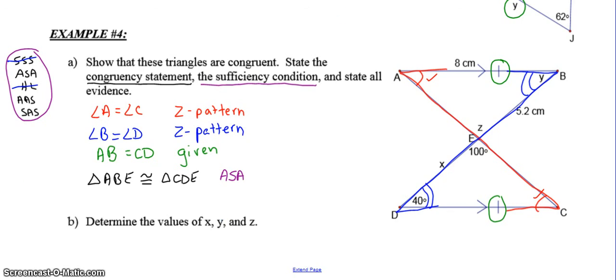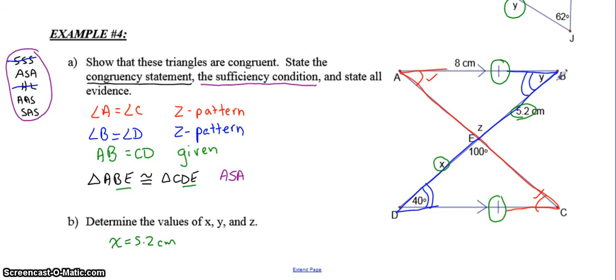Okay, lastly, to determine the values of x, y, and z, so x is side DE, so DE goes with BE, and BE is equal to 5.2. So x is 5.2 centimeters.